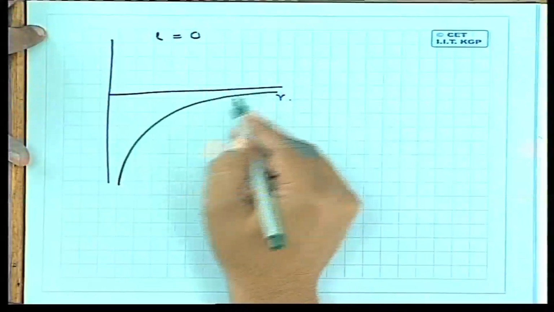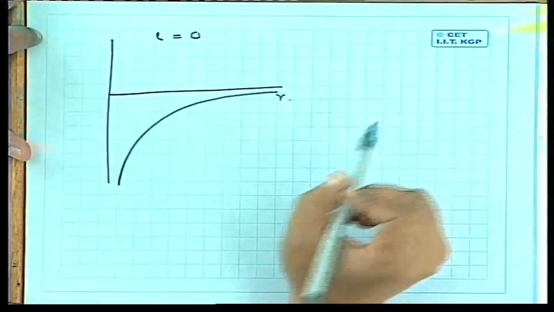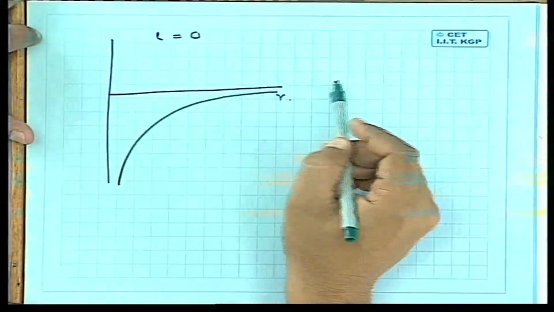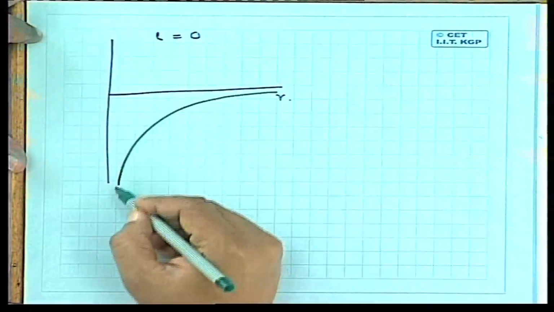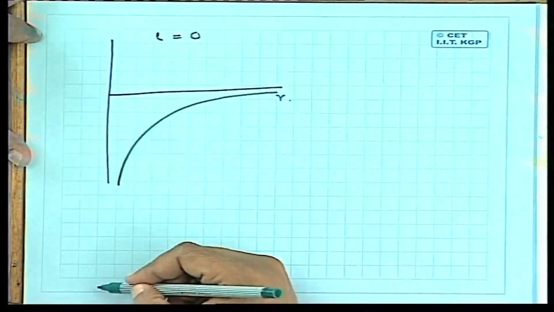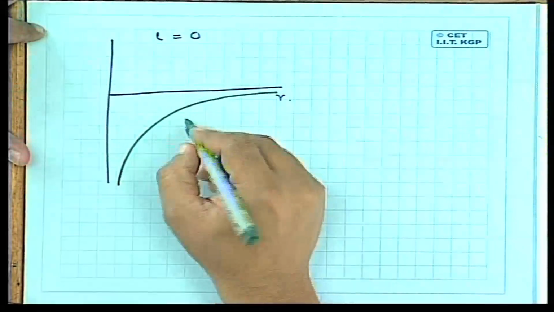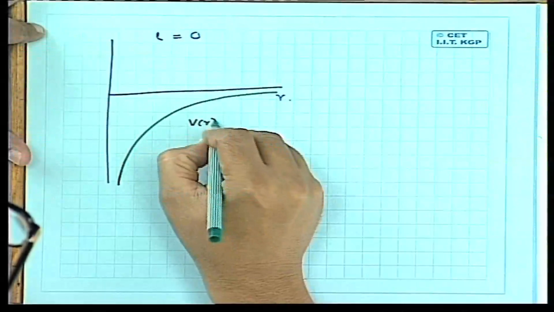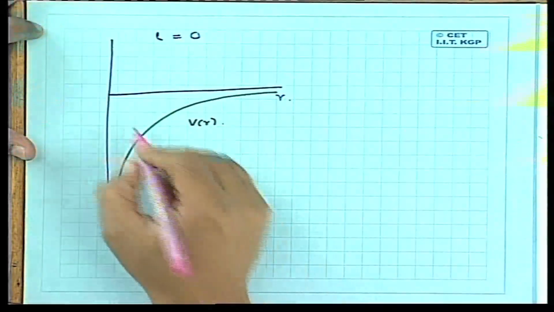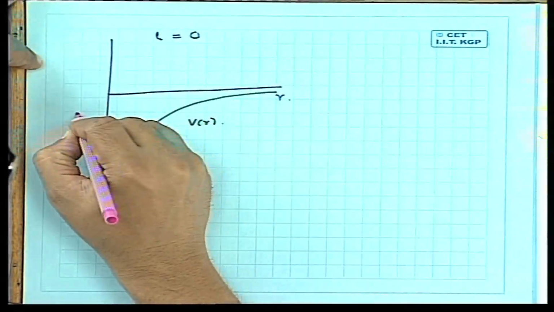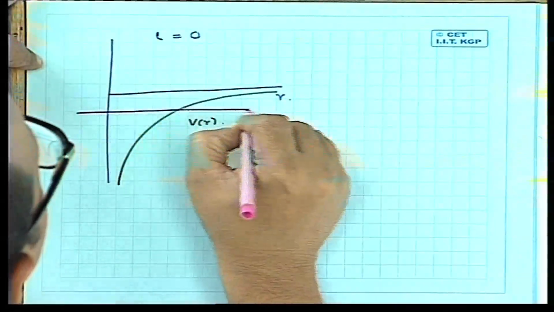It falls off as 1 by r. So at large distances it disappears, it goes to 0, and at small distances it blows up, and at r equal to 0 it blows up to minus infinity. So this is the potential V of r. Now let us consider a particular value of the energy. So this is E.